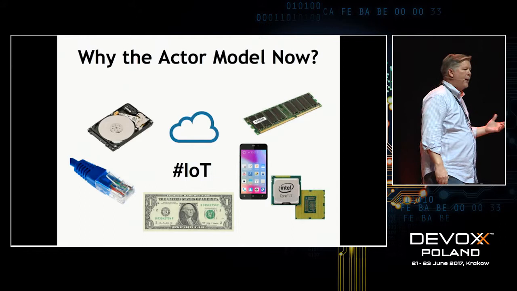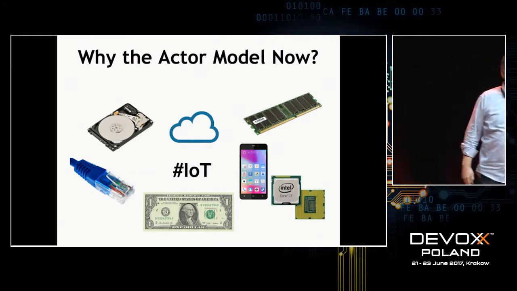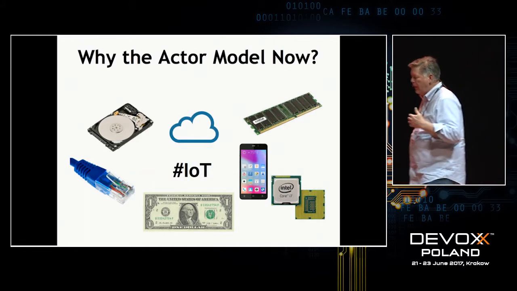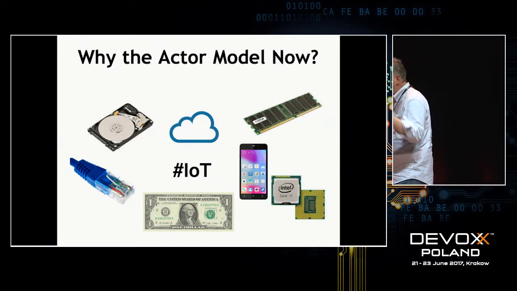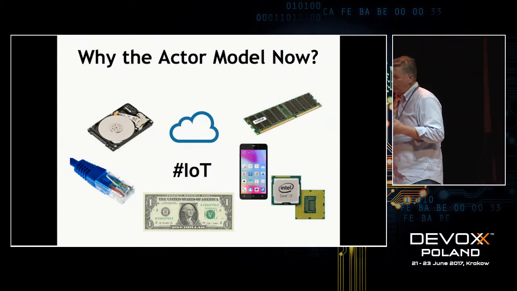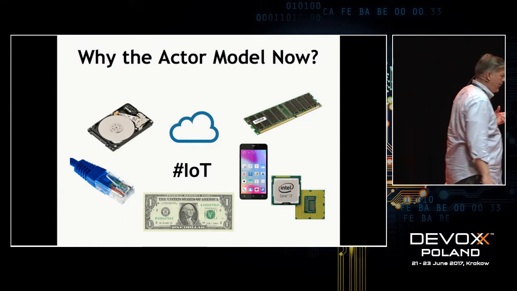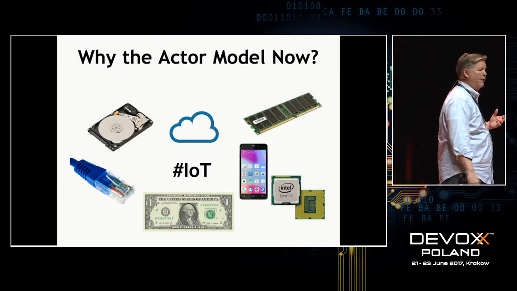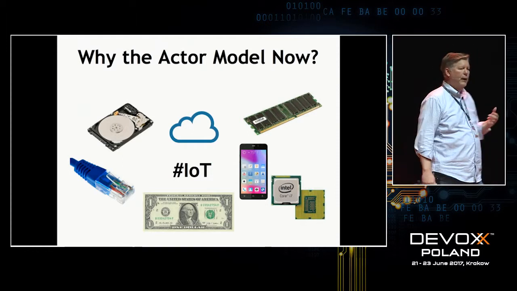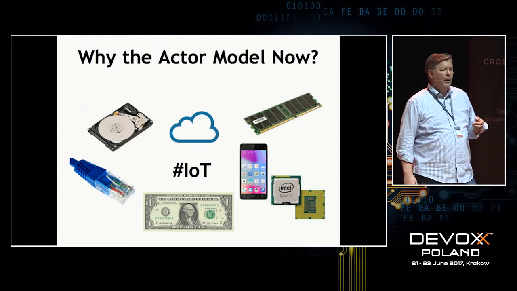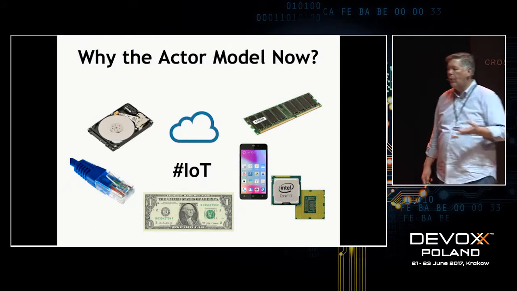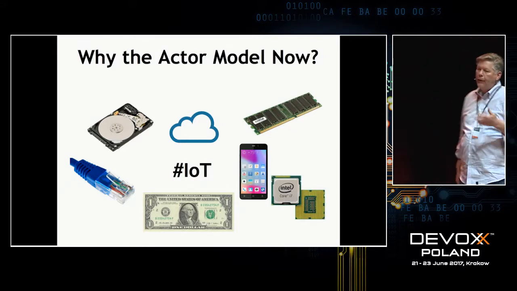So why is the actor model so important now? Well, we have a lot of advances, and I did mention multiple cores, but let's just think about the decreasing expense of storage, the decreasing expense of memory, the fact that networks are becoming faster, even more reliable.